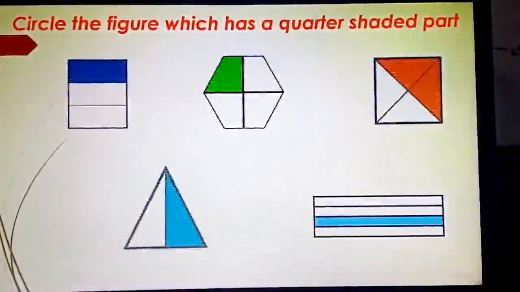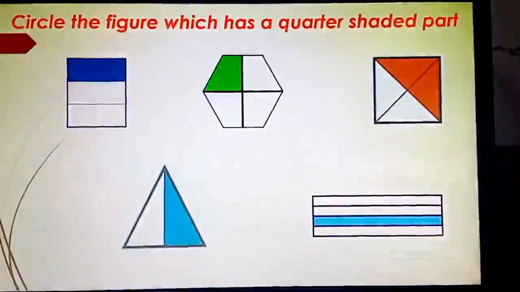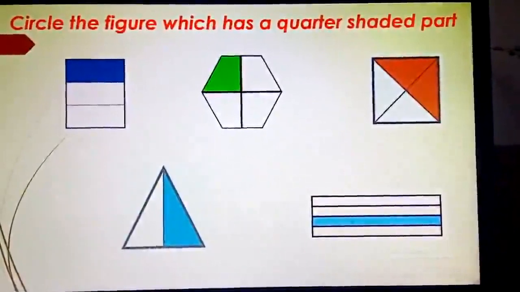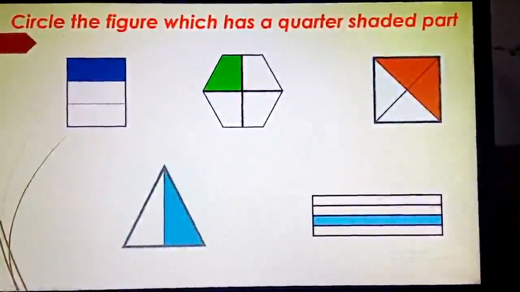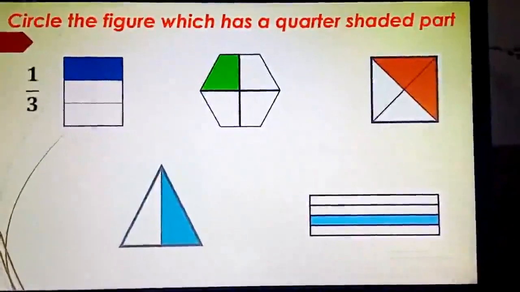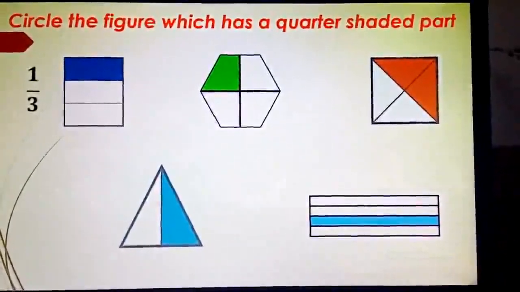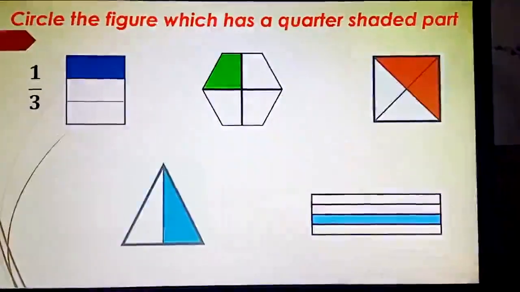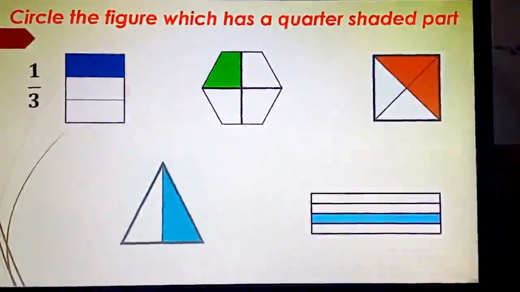Circle the figure which has a quarter shaded part. In the first shape here, to write the fraction, count the total parts. The total parts in the first shape are 3 parts. The fraction is 1/3. 1 means the colored part, 3 means the total parts.